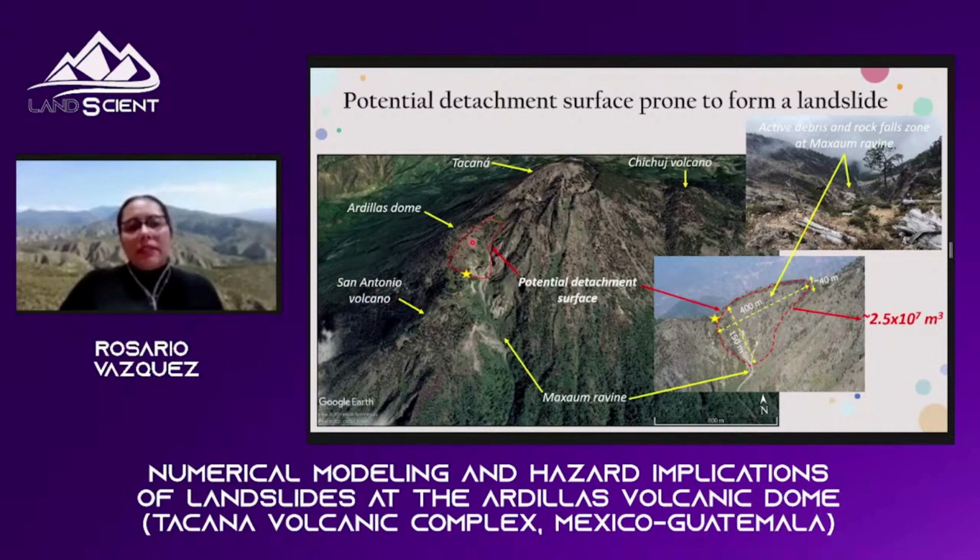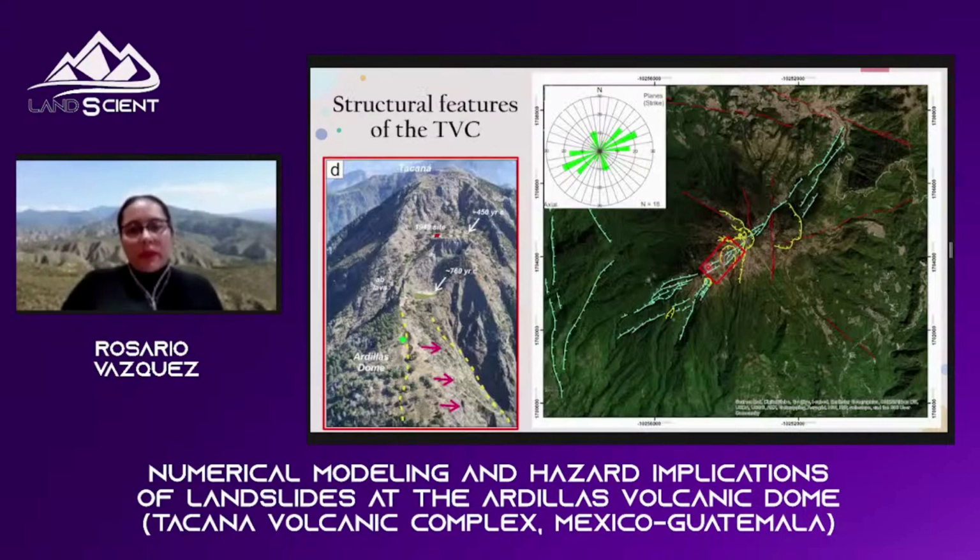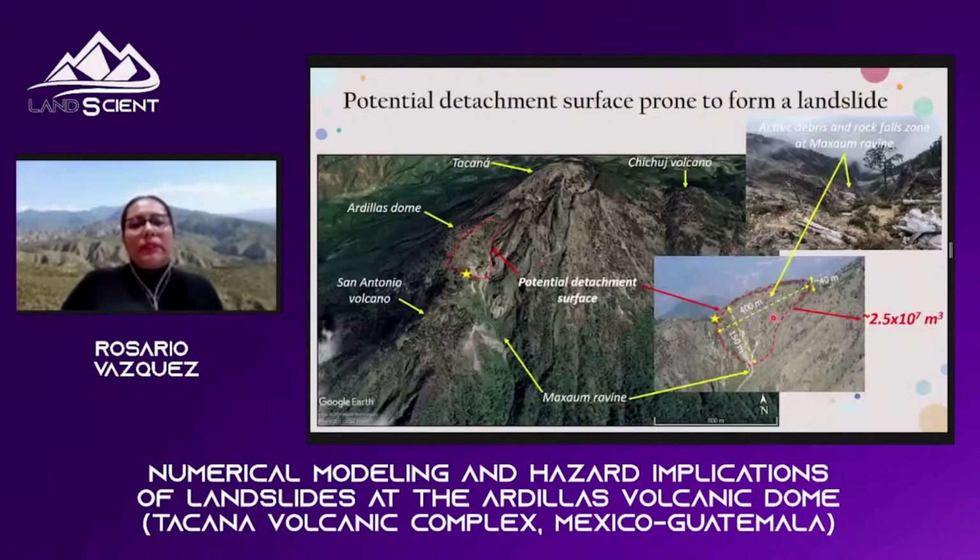And this site is characterized not only by these structural features, but also we have superficial hydrothermal alteration that is taking place all around the summit of the volcano. So we have a lot of debris that could still accumulate within this part or even downflow the Maxam ravine.